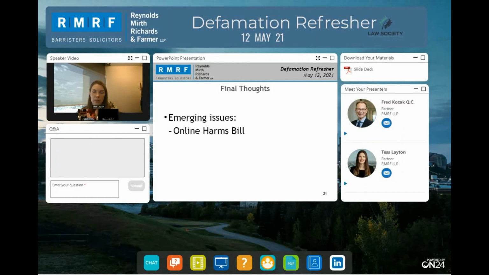So the online harms bill targets 5 kinds of content online, which is child sexual exploitation, terrorism, inciting violence, hate speech, and non-consensual sharing of intimate content. And the bill proposes to have a regulator essentially step in to regulate speech and be able to audit social media platforms about how they're going about their content moderation, whether or not they're doing it properly.